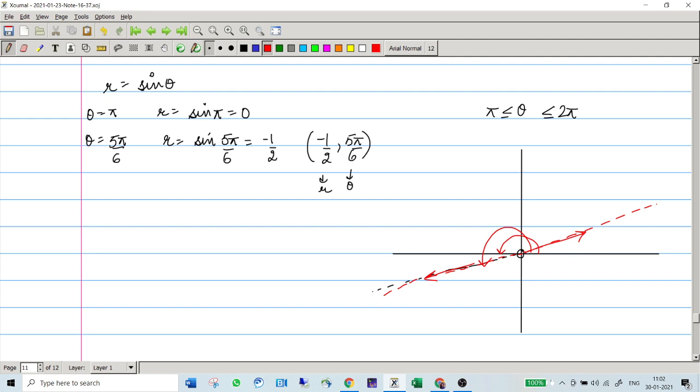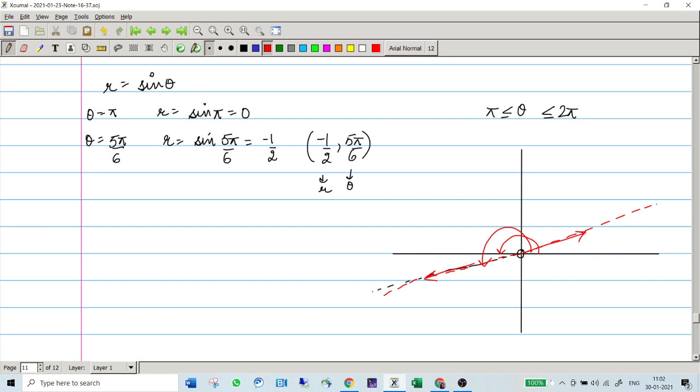So we'll be traveling half units in the other direction, because it means the same as traveling minus half units in the 5 pi by 6 direction. Because 5 pi by 6 was this direction, we have to travel minus half units, so we'll travel half units in the opposite direction, away from the 5 pi by 6 line.